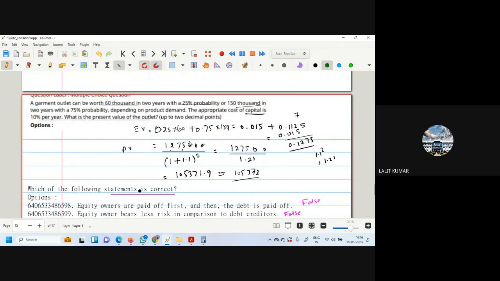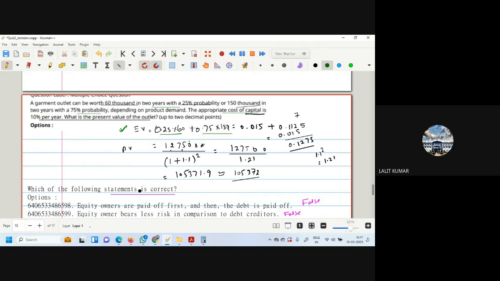Then there is a question: a garment outlet can be worth 60,000 in 2 years with a 25% probability or 150,000 in 2 years with a 75% probability. The appropriate cost of capital is 10%. What is the present value? First of all, we find the expected value with these probabilities, 0.25 into 60 plus 0.75 into 150.